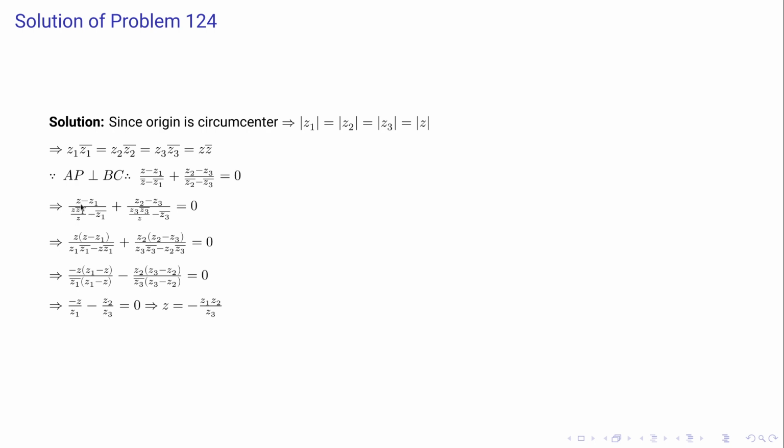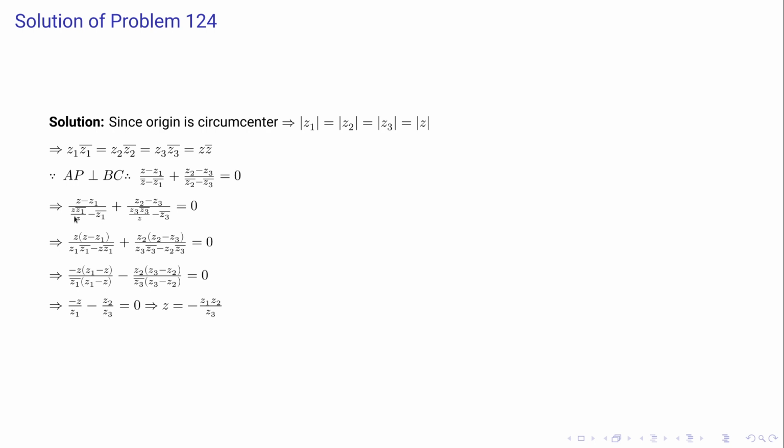Now we write Z bar as, from here we calculate, Z1 bar as Z Z bar by Z1, and similarly Z2 bar we write from these two as Z3 bar by Z2. So this Z2 bar we have changed, and this should be Z2 actually, this shouldn't be Z. And this Z1 bar is equal to Z Z bar by Z1.